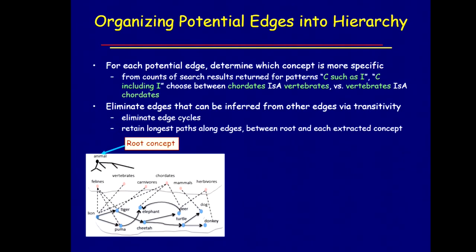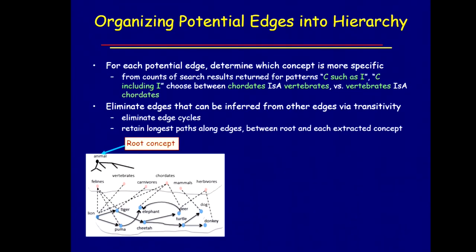But just as an illustration, you have the root concept at the top, animal, and then you have these hypernyms. What you see here is what happens before you organize the hierarchy, right? You started with the root, and then you had that iterative submission of queries to the search engine, where you iteratively wanted to find more hypernyms, more of these nodes that would fall under the root animals.